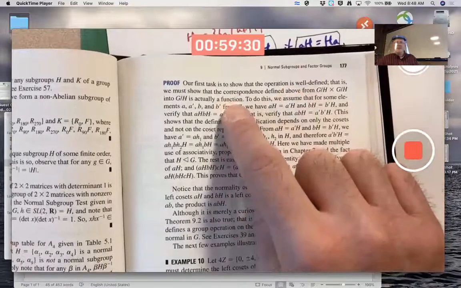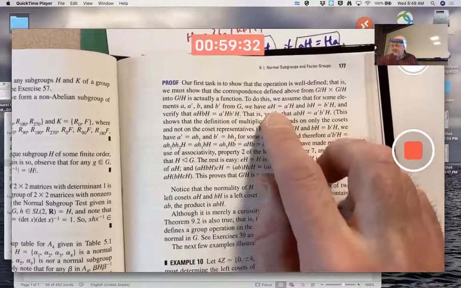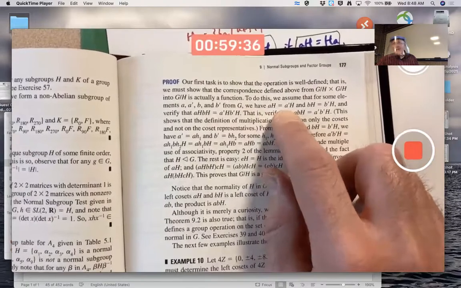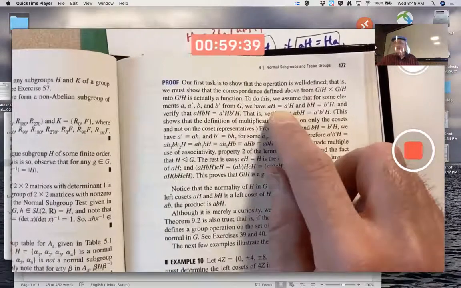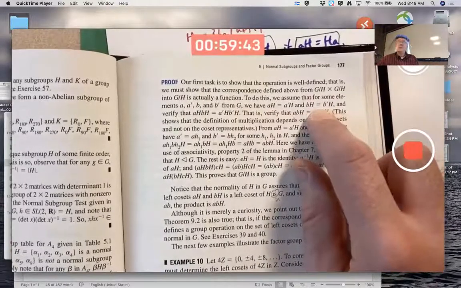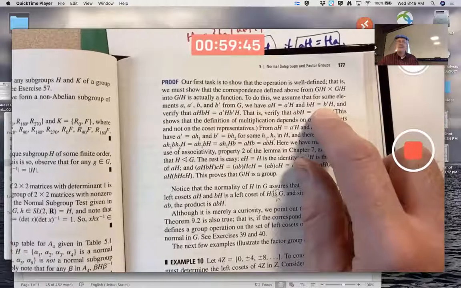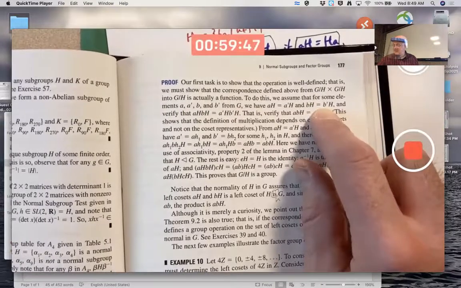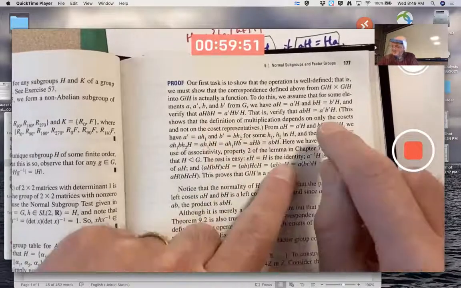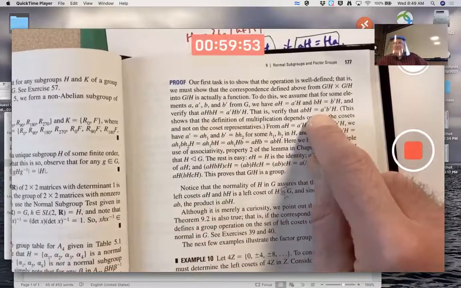It's actually a function. Say you have AH equaling A prime H, so A and A prime are possibly different representatives of this left coset, and BH equaling B prime H, so B and B prime are possibly different representatives of this same coset. Here's your goal: does this still hold?